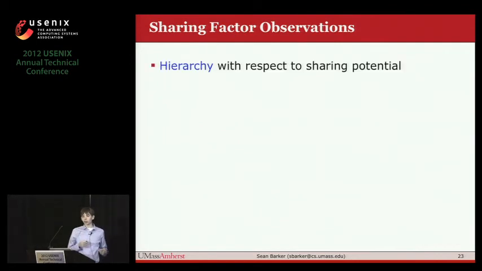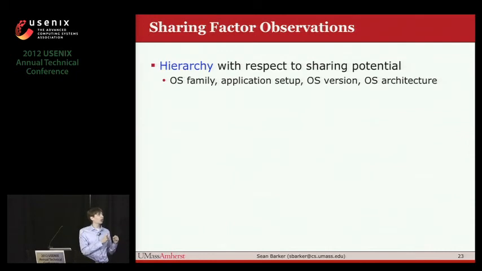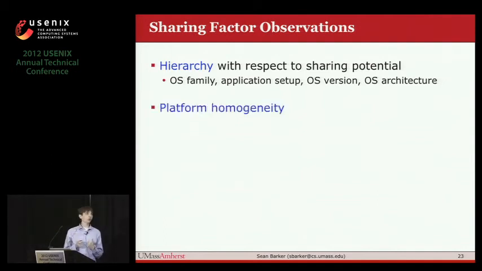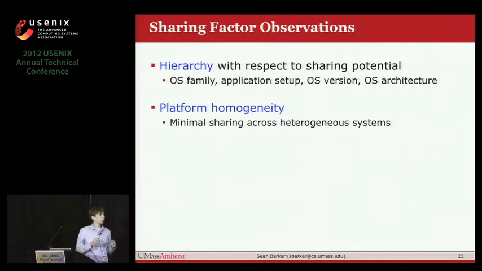So what are our observations from this study? Well, we saw that there's something of a hierarchy with respect to sharing potential, where at the top of that hierarchy is the OS family and the application setup, and then below that is the version and the architecture of the OS. We also saw the very important role of platform homogeneity. In particular, across heterogeneous systems, we saw very minimal sharing possible.